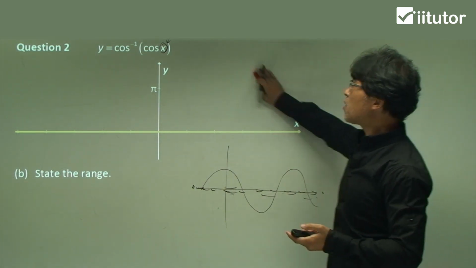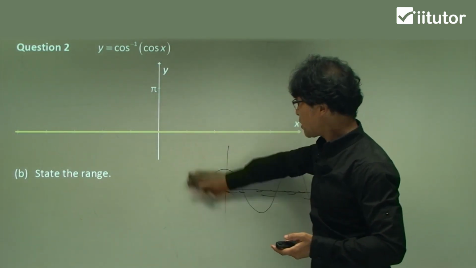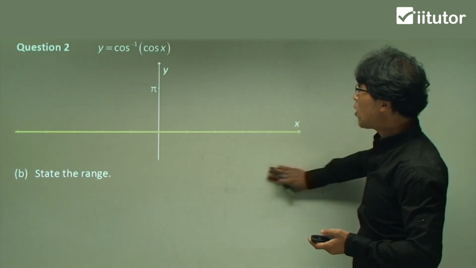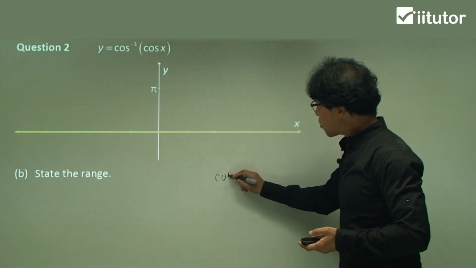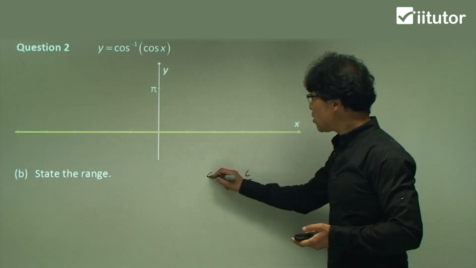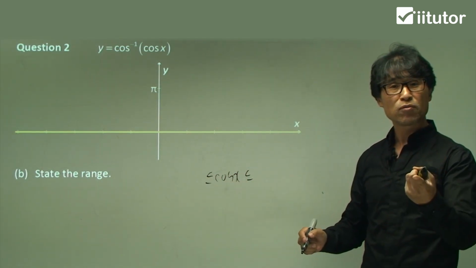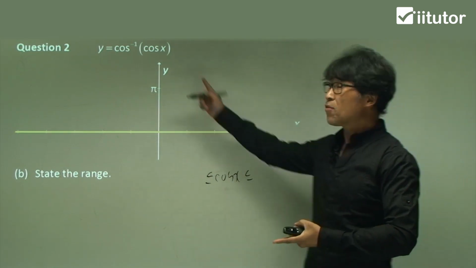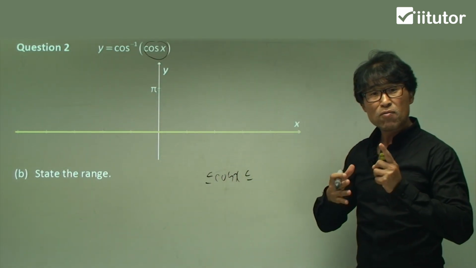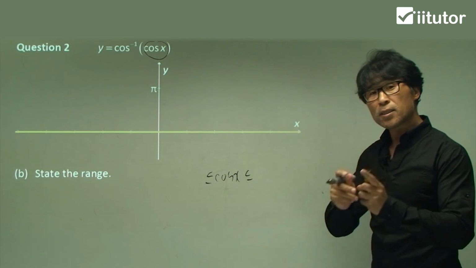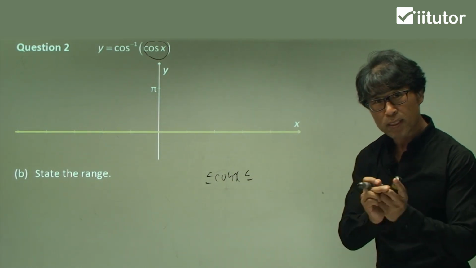Next one, you're going to find out the range. How do you find the range? Again, same thing. So cos x is in between what and what? What's the range of the cos function? I'm not talking about inverse cos. I'm talking about the input value of the inverse cos now. What is the range of the cos x?